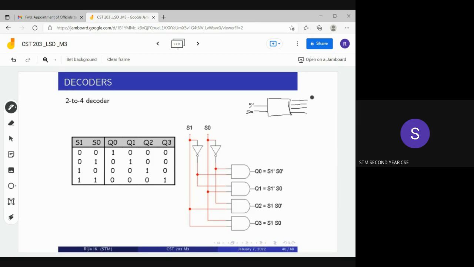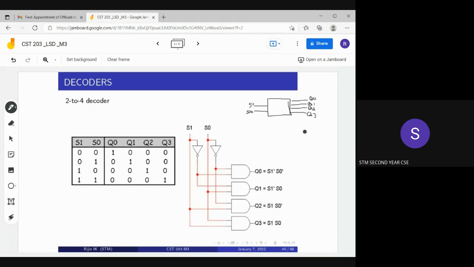Then the output lines you can represent as Q0, Q1, Q2, Q3. Okay, a maximum of 4 output lines.